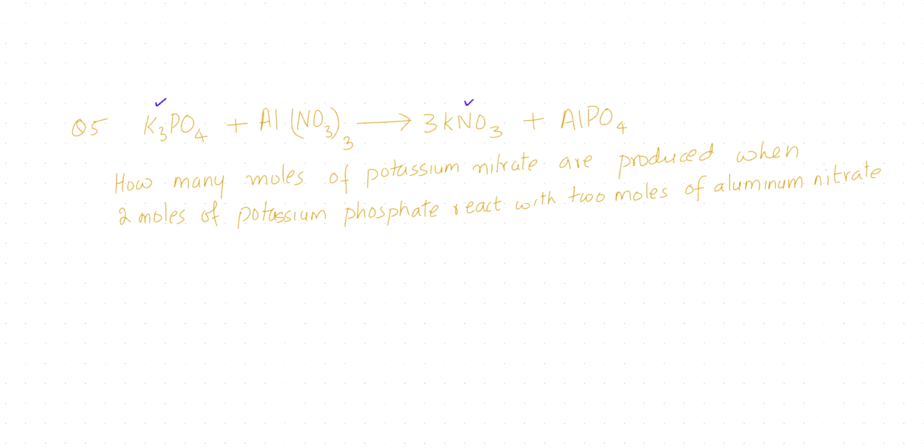Okay, so given is 2 moles of potassium phosphate, or you can write the formula K3PO4, and required is how many moles of potassium nitrate, KNO3.